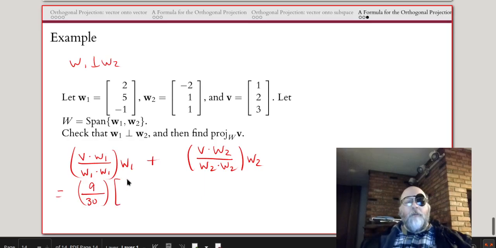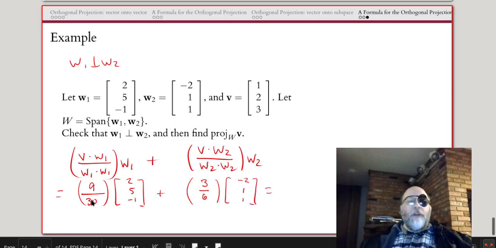Times w1, which is (2, 5, -1). Then v dot w2 is going to be -2 plus 2 is 0 plus 3. And then w2 dot with itself is 4 plus 1 plus 1 is 6, times w2, which is (-2, 1, 1).